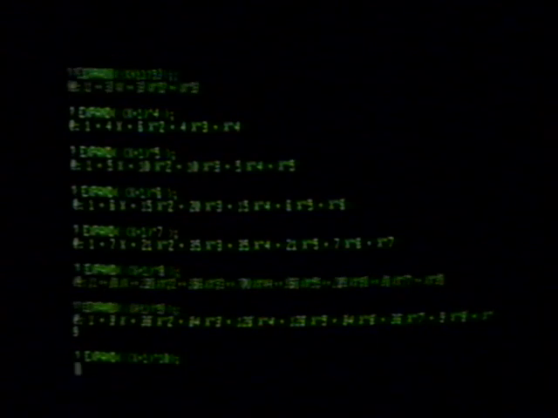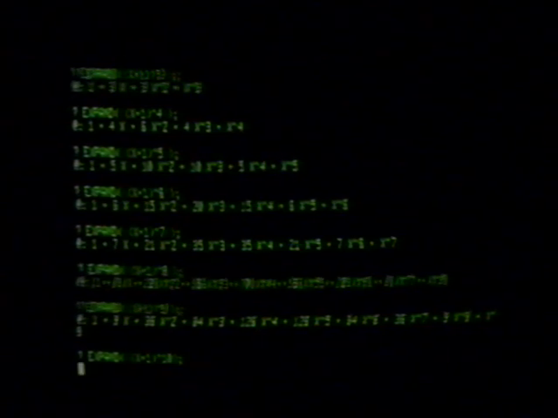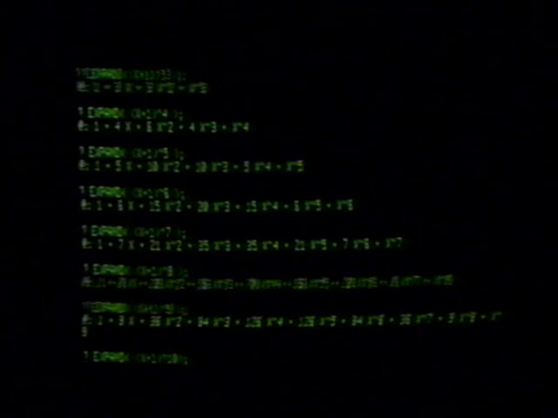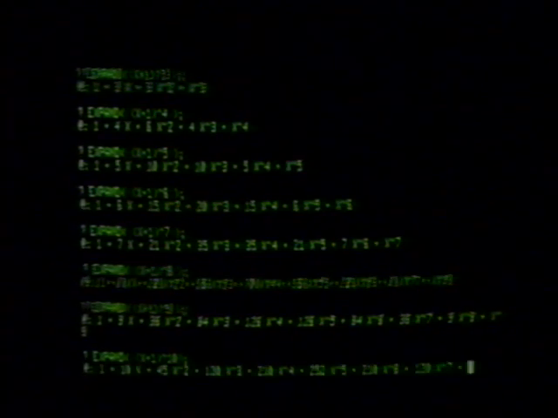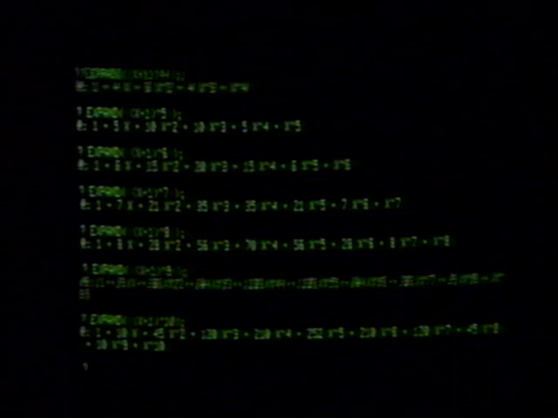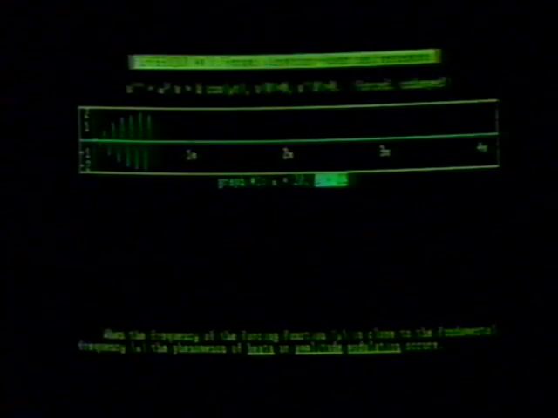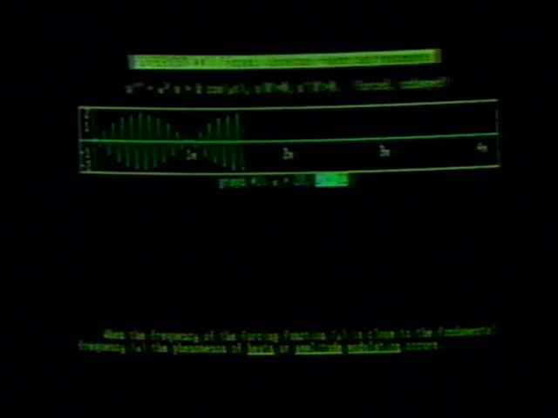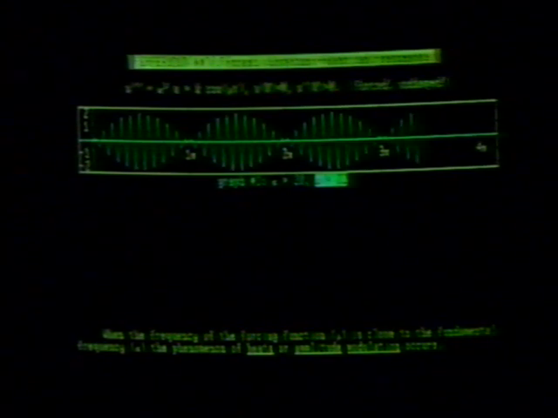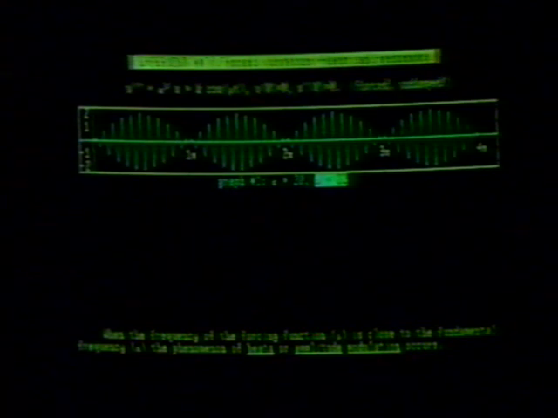The student uses it as a calculator. You type in a problem, hit return, and it calculates the answer for you. And it does all sorts of sophisticated things. It does algebra, calculus, differentiation, integration, solves equations, solves quadratics, all sorts of very nice mathematical applications.